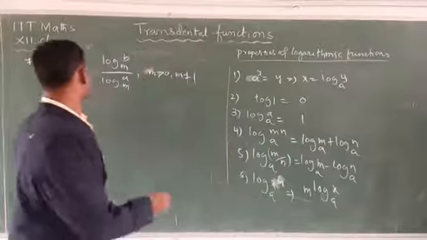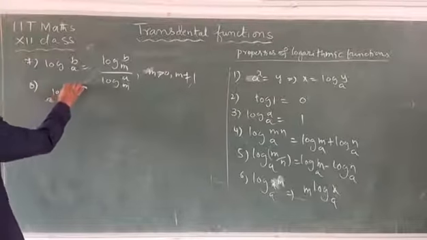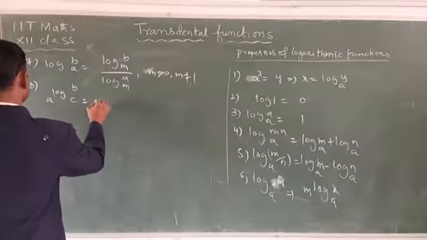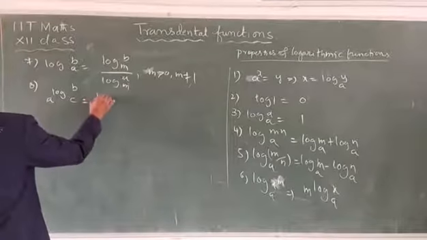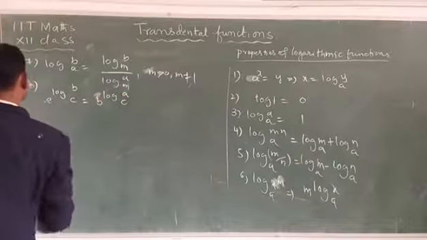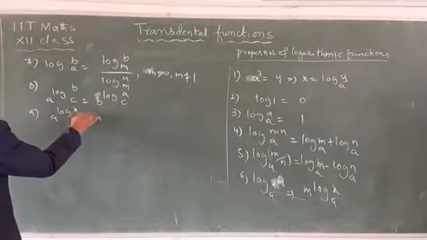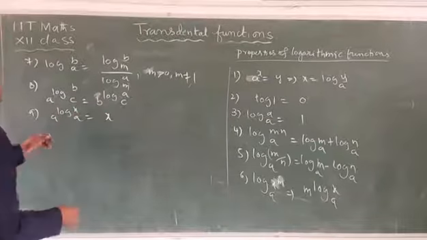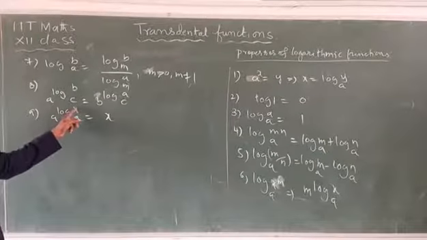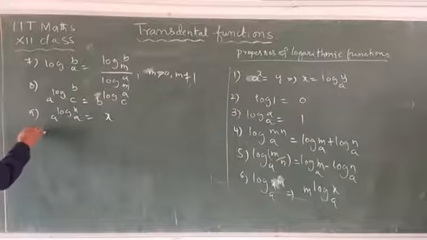Next one, a power log b base c is equal to b power log a base c. Next one, a power log x base a is equal to x. Why? Because we can apply this: it is x power log a base a, and log a base a is equal to 1, so it is equal to x.